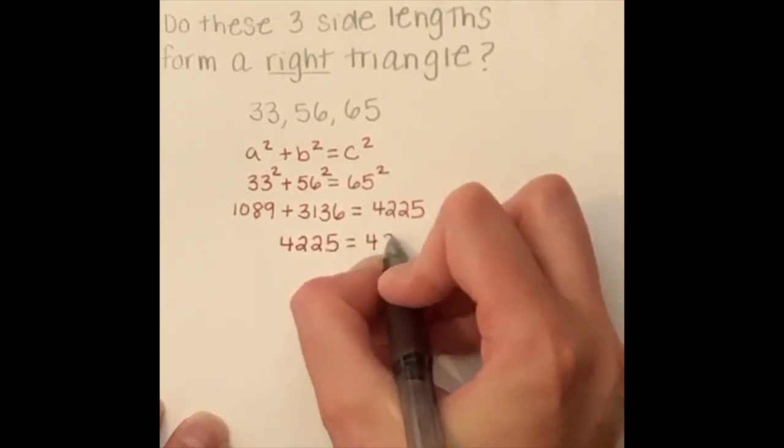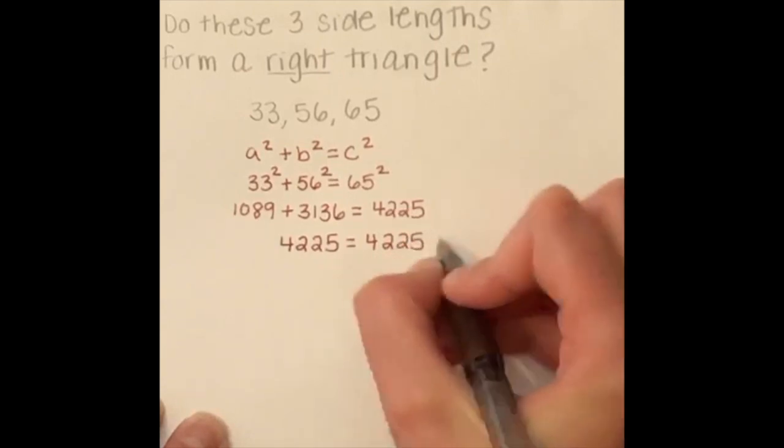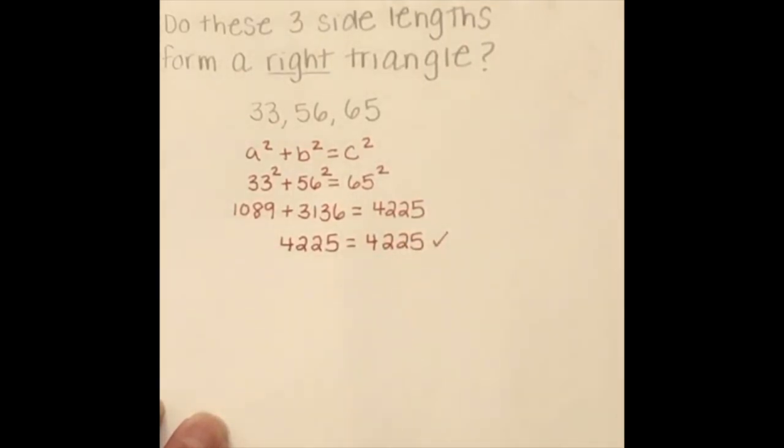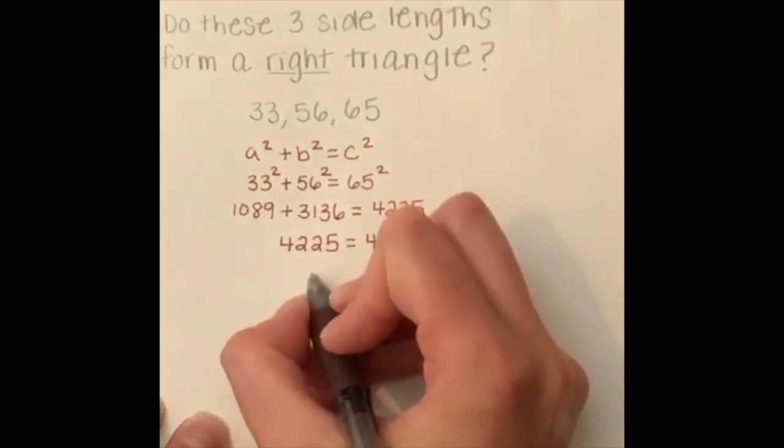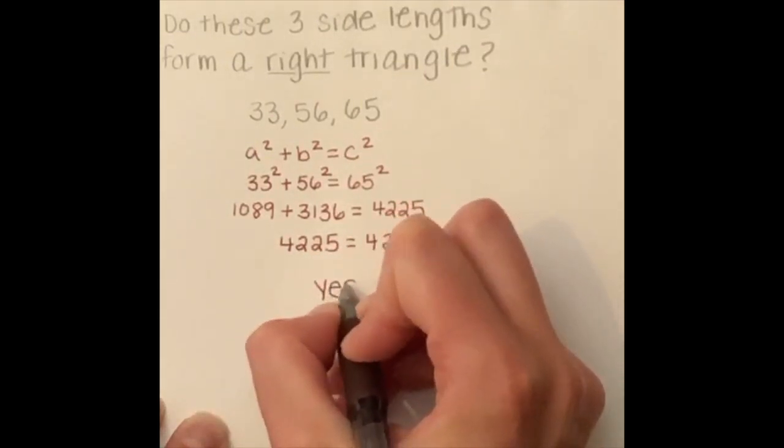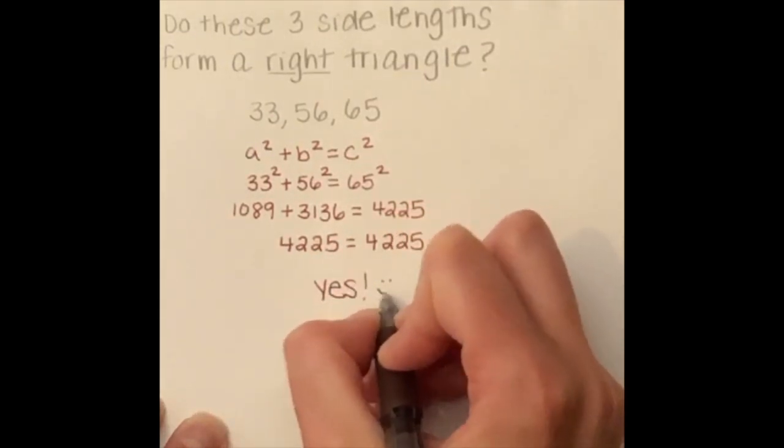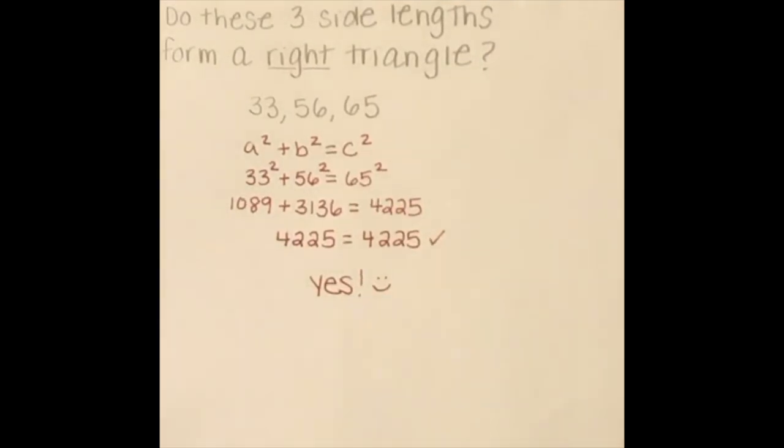So since we ended up with an equation that is true, meaning the same number on either side of the equal sign, that must mean that these three side lengths do in fact form a right triangle. So that tells us that, yes, it is a right triangle. Pretty exciting.